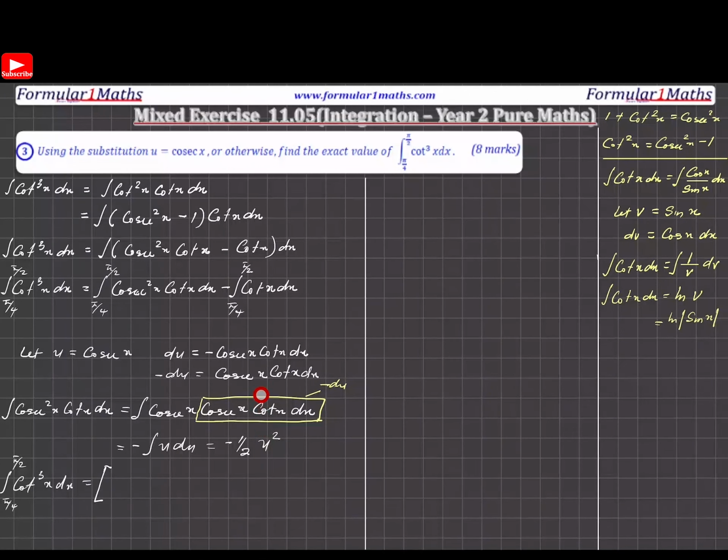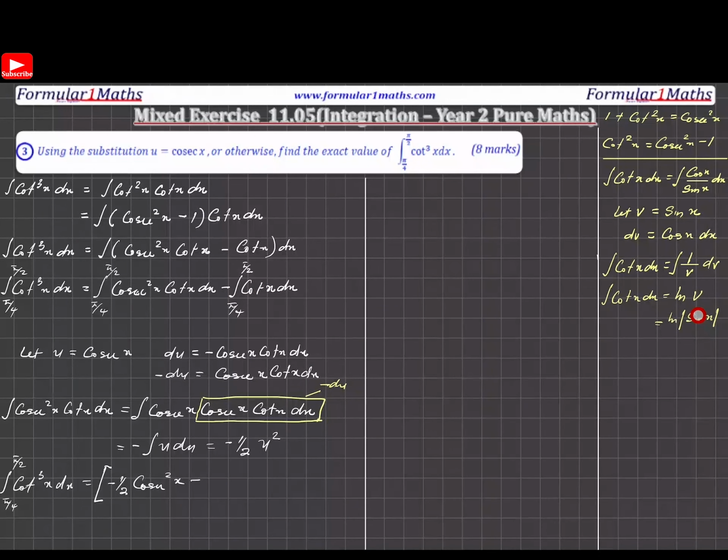And so that becomes minus half cosec squared x minus, and the integration of cot x dx will be ln sine x.